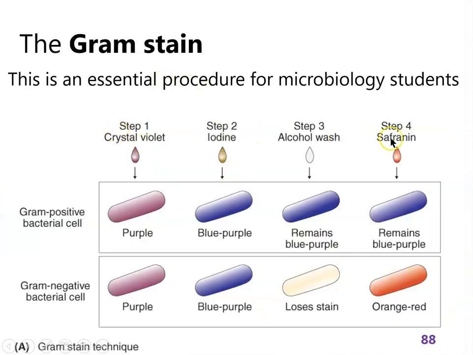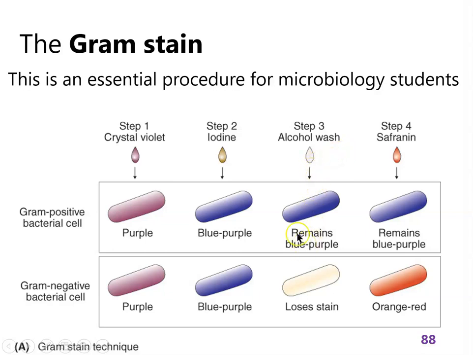These are the steps, and the idea is first we use a purple stain that stains peptidoglycan, and I'll show you what that is in the next lecture. And then we add iodine, which complexes with it and makes it stick. And then we wash it out with alcohol.